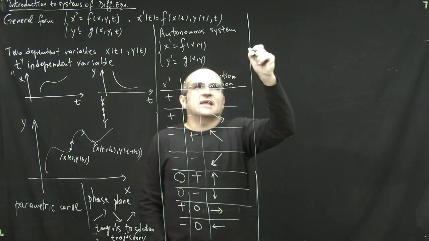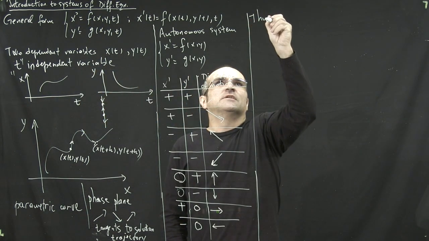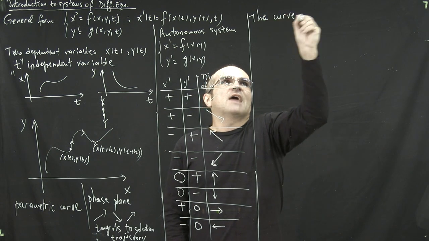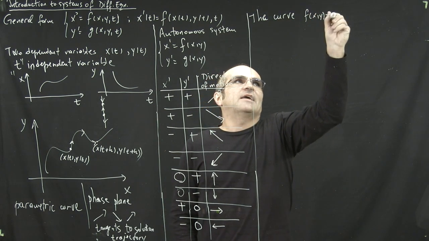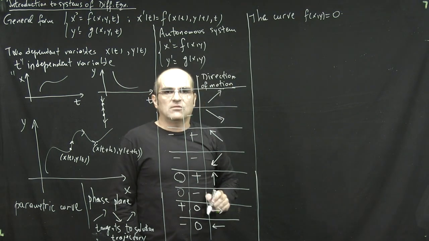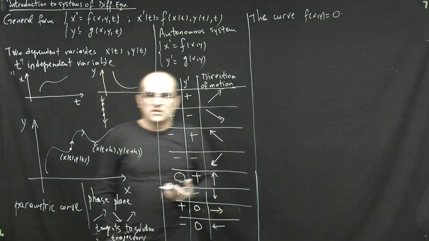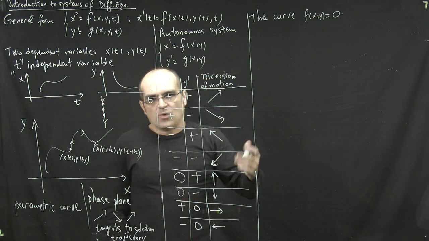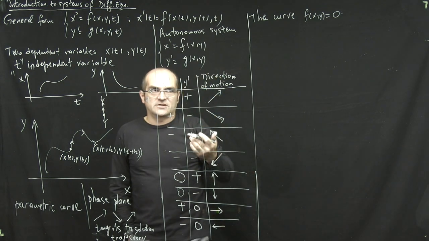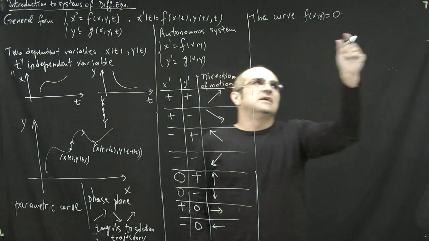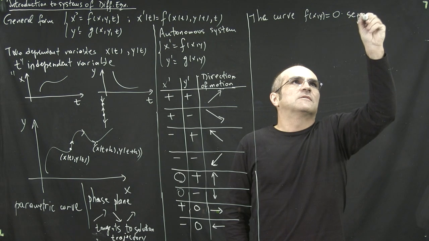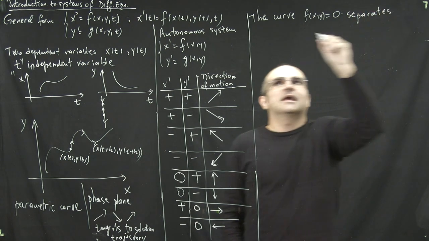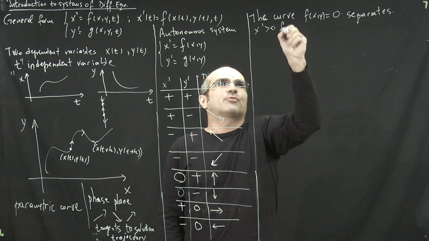So you could say that the curve f of x, y equals 0. If I set the right-hand side of x prime to 0, that gives me typically a curve, or in more complicated cases, a family of curves. But this curve separates x prime positive from x prime negative.